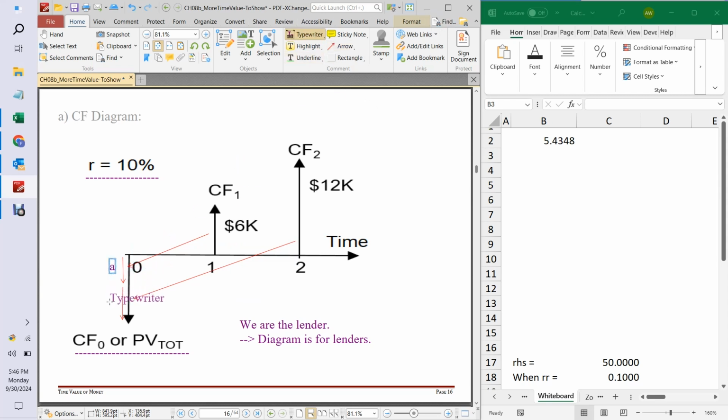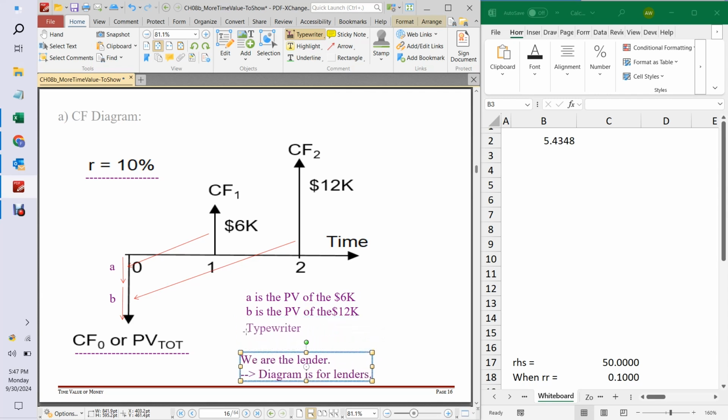And so I'll call this A, and I'll call this B. A is the present value of the 6K. B is the present value of the 12K. And if we add those together, A plus B is equal to CF0 or PV total. So it's really that simple.